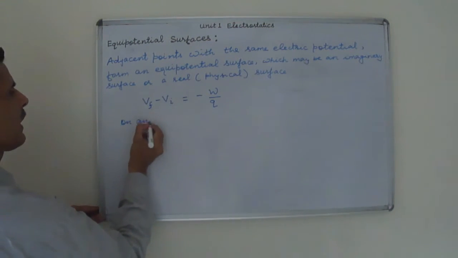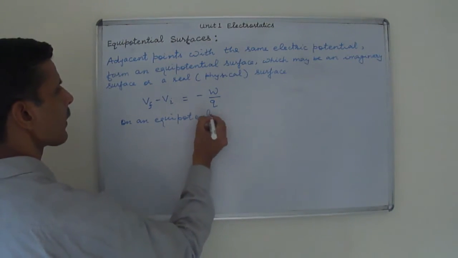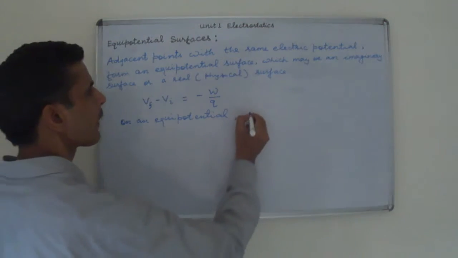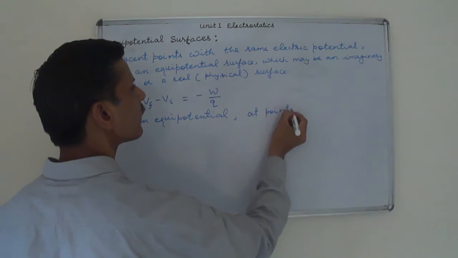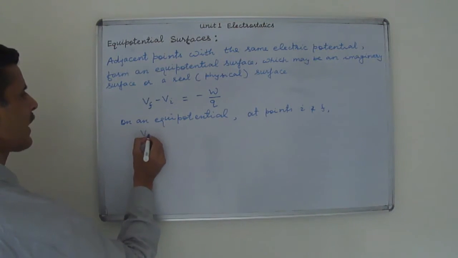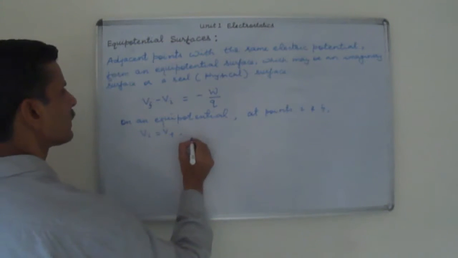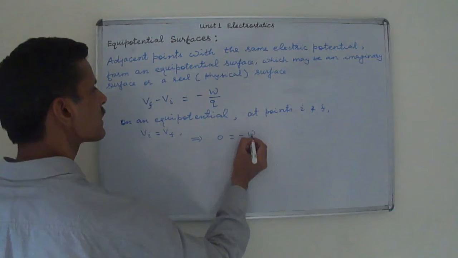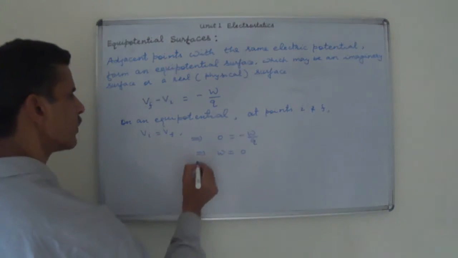On an equipotential surface, at points I and F, Vi is equal to Vf. So this implies 0 is equal to minus W upon Q, that is W is equal to 0.